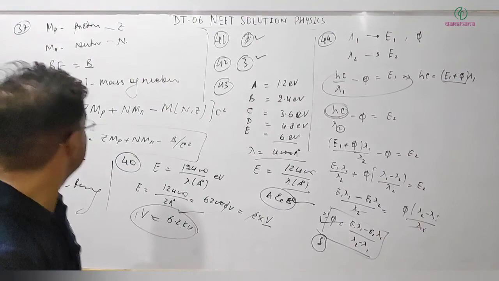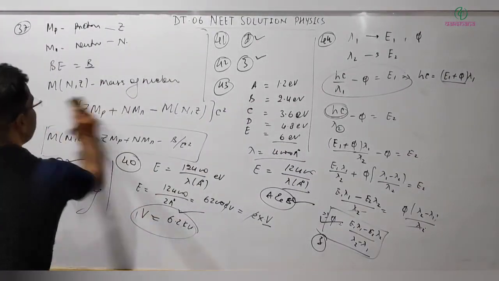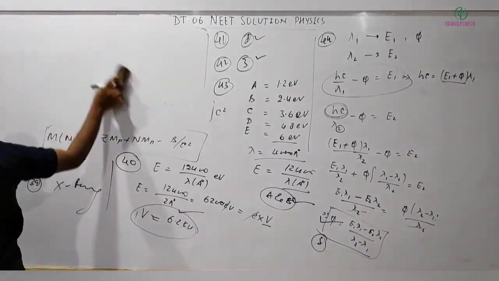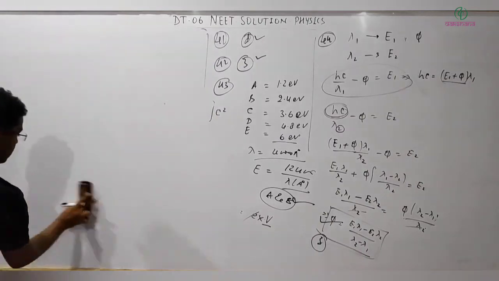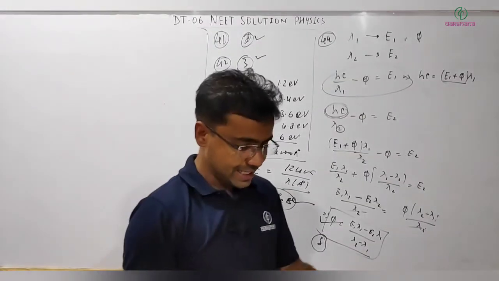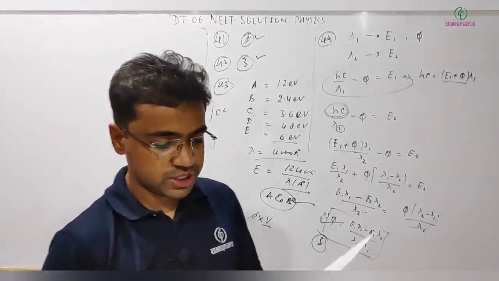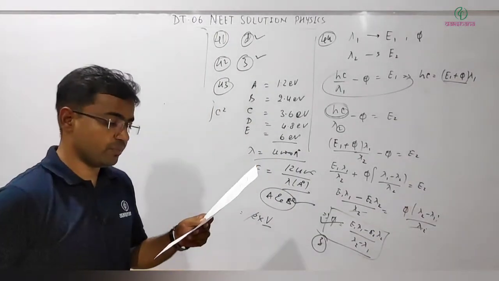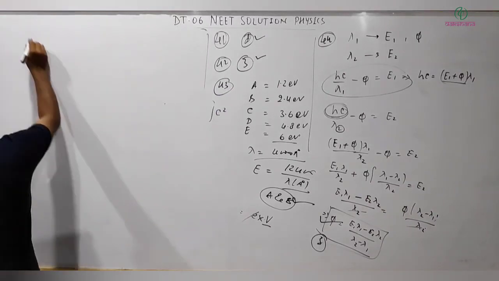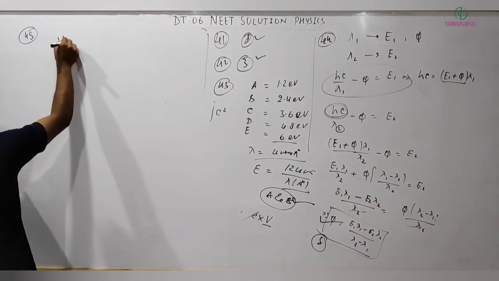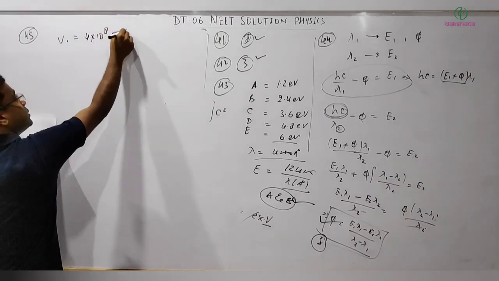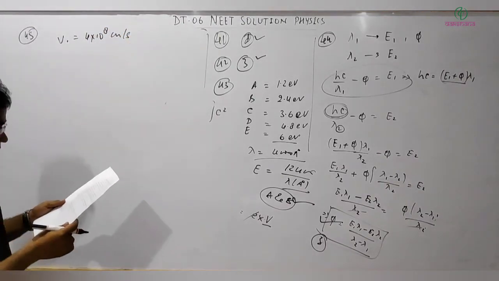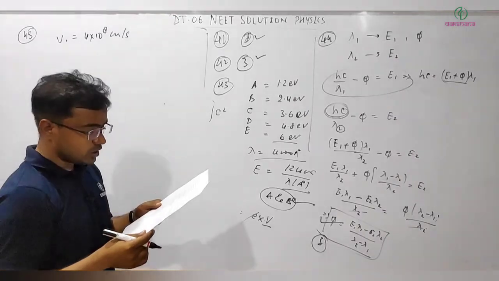Next, question number 45. Here it's saying that the maximum velocity with which an electron can be emitted from a photocell, Vmax, is given as 4 into 10 to the power 8 centimeter per second, and we are asked about the stopping potential.